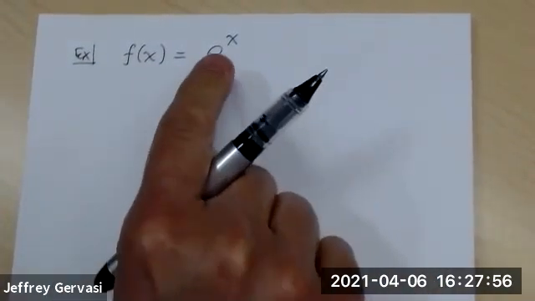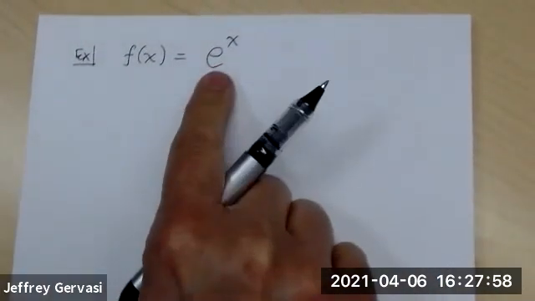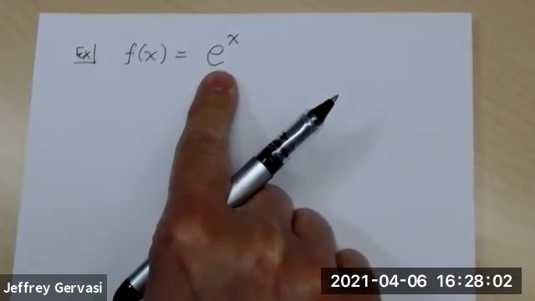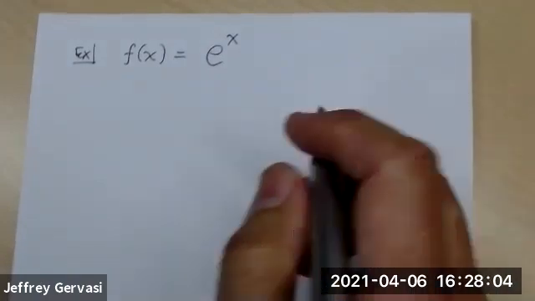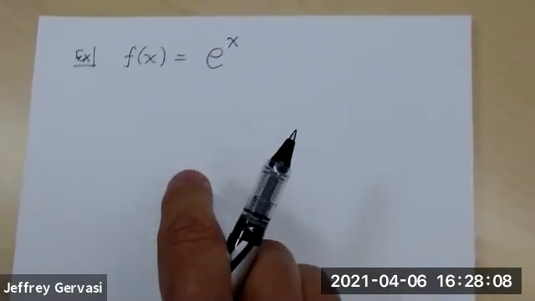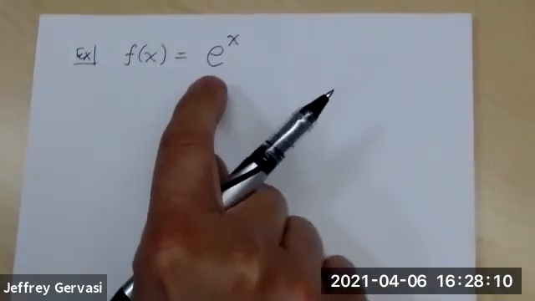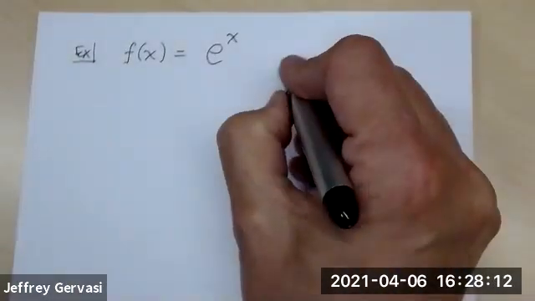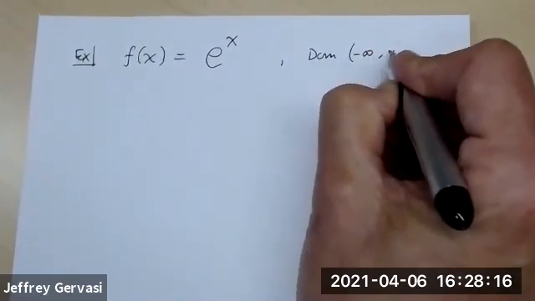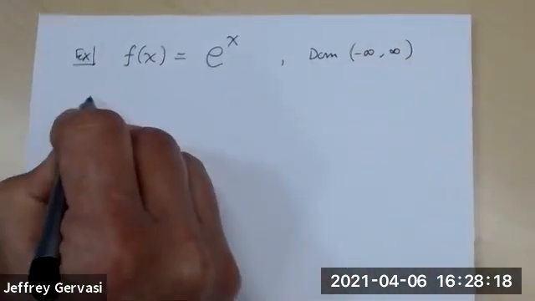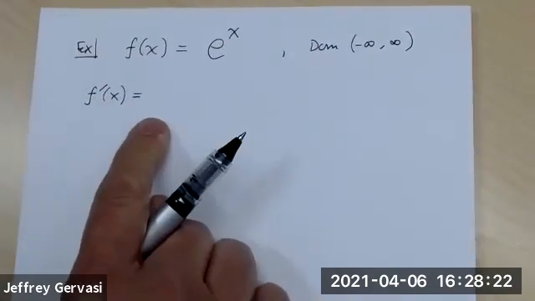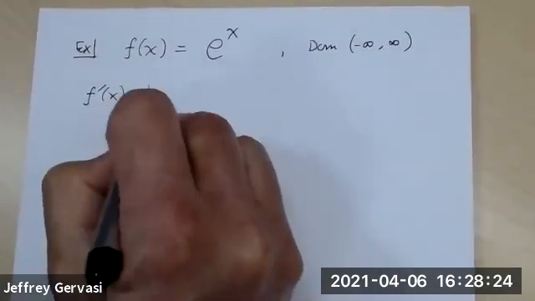You remember this from your pre-calculus days: exponential growth and decay models, and PERT, continuously compounded interest. The domain for e to the x is all real numbers. I want to calculate its derivative, but instead of using a graph, I'm going to use the limit definition of the derivative.